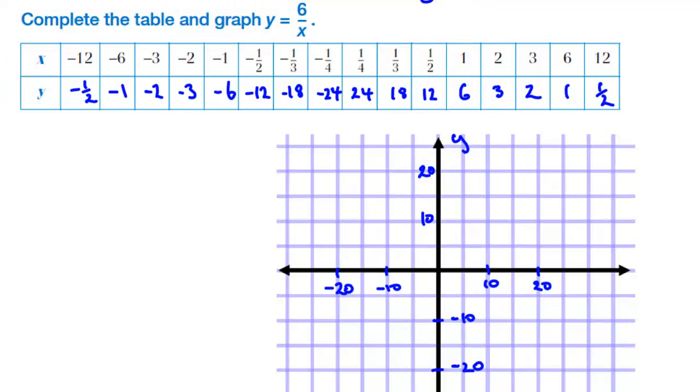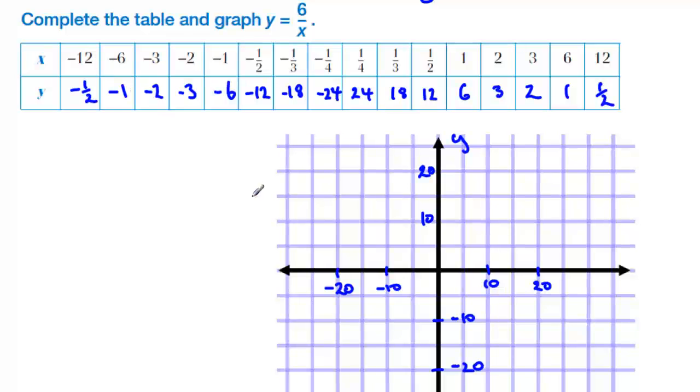If you were to plot this, you would find that the graph would have the typical hyperbola feature that you saw on the previous slide. Let's have a look. When you've got x equal to minus 12, it's somewhere here, you've got a very small number. When it's minus 6, it gets a little bit bigger. When it's minus 3, it gets a little bit bigger again. And notice as it gets very, very close to 0, it gets, oh look, we're doing that on the wrong side. Let's get rid of those. Yeah, okay, we'll go down this way.